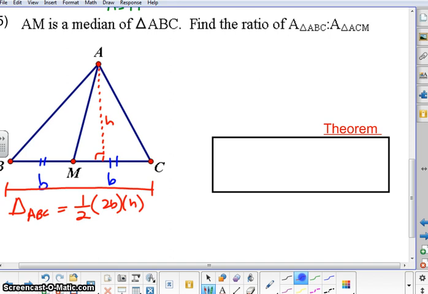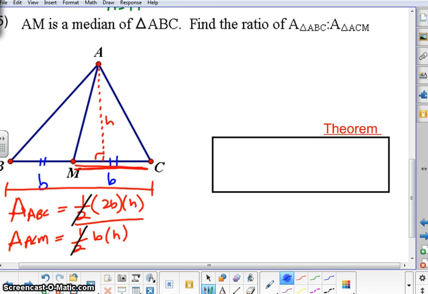Okay, and then if we're dividing that to find the ratio of the areas, the area of ACM is going to be 1/2, and this one only has a base from here to here, so that's just going to be a b, times h. So as you can see, everything is going to cancel except for 2. So it is a 2-to-1 ratio.